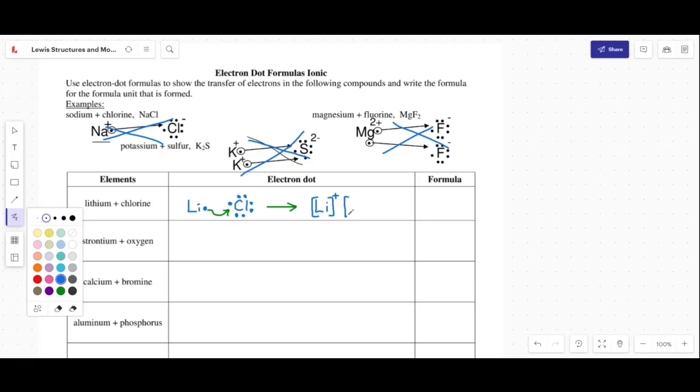And then I have chlorine that has all of the valence electrons around it: the 1 it took from lithium, plus the 7 it started with on its own. And there we go. That is the Lewis structure for ionic lithium chloride. And the formula would just be LiCl, of course. That was really sloppy. Sorry.